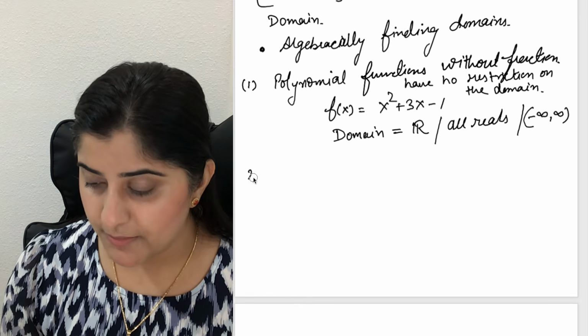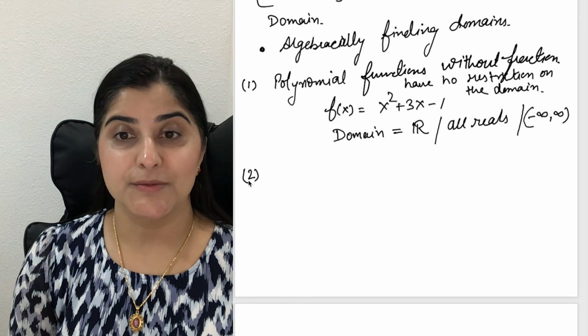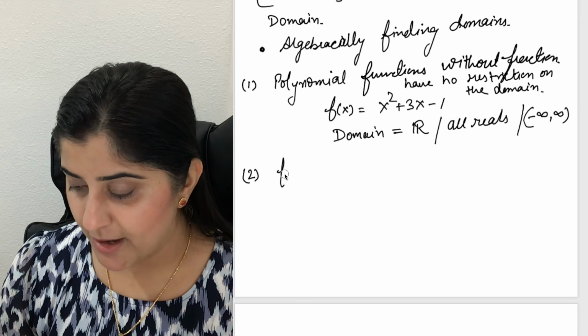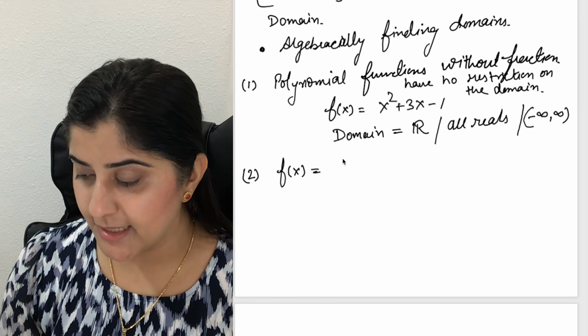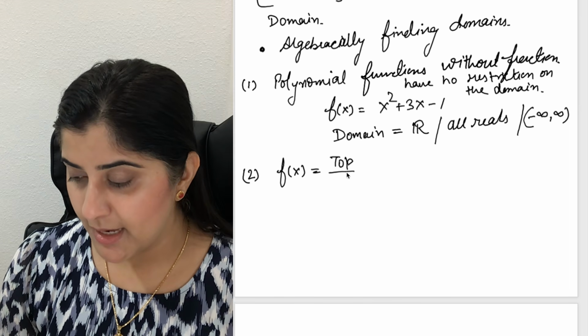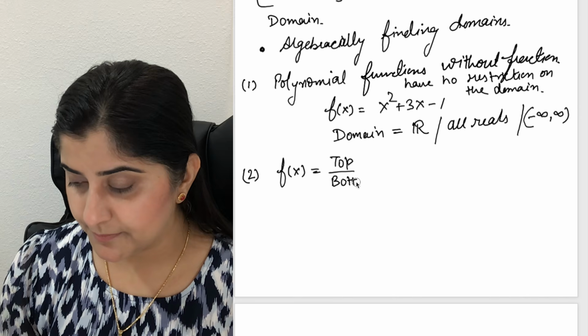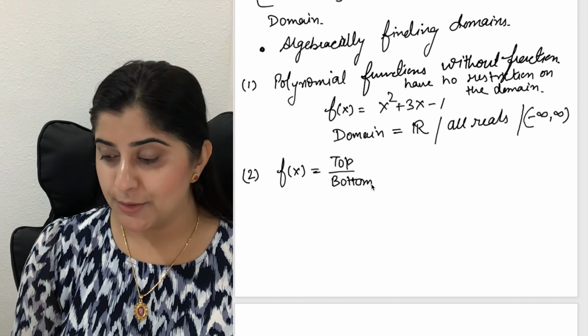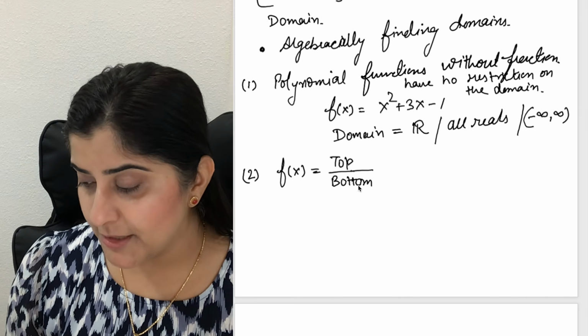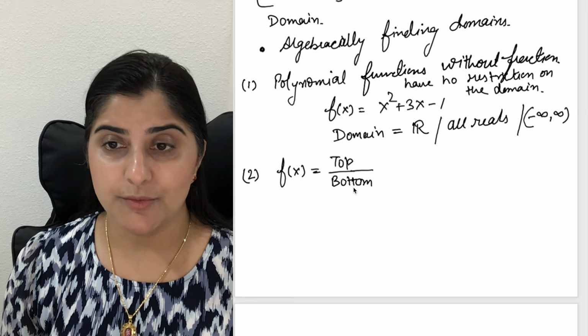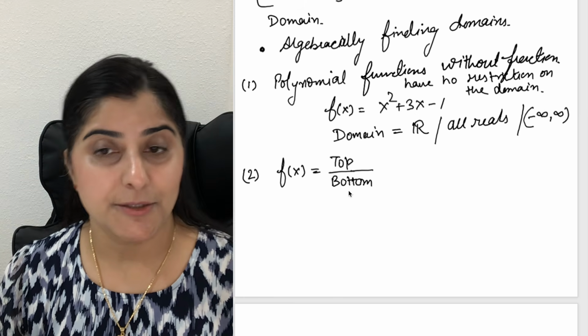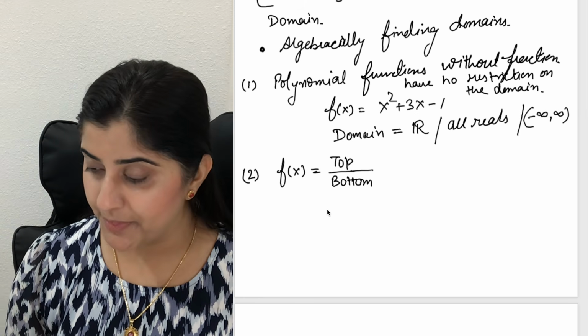Okay, let's talk about polynomial functions with fractions. If you have a function f(x) that has a top and a bottom, we cannot include those x values in the domain which make the denominator, the bottom, 0.